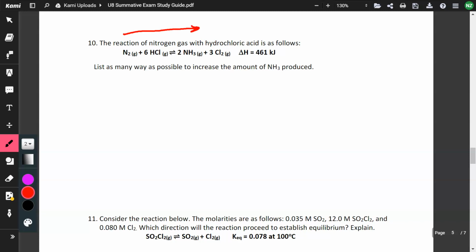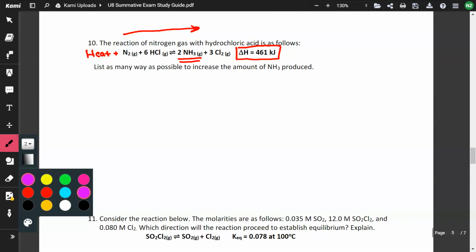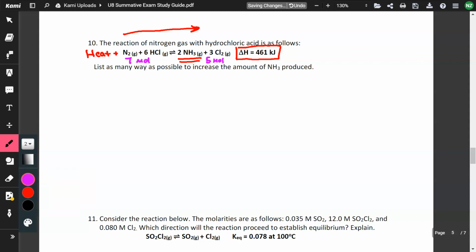For it to shift right, that will mean more NH3 will be made. Our reaction is endothermic, so that means our heat is going to be on the left side. The only other thing that we need to do really quick is just count up moles. So we have 7 moles on the left. We have, it looks like, 5 moles on the right. So we want to get it to shift right.